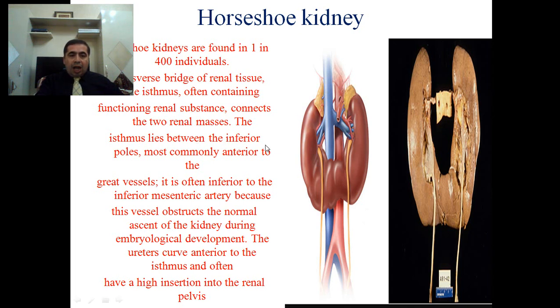The isthmus lies between the inferior poles, most commonly anterior to the great vessels. It is often inferior to the inferior mesenteric artery, an important clinical moment, because this vessel obstructs the normal ascent of the kidney during embryological development. The ureters curve anterior to the isthmus and often have a high insertion into the renal pelvis.